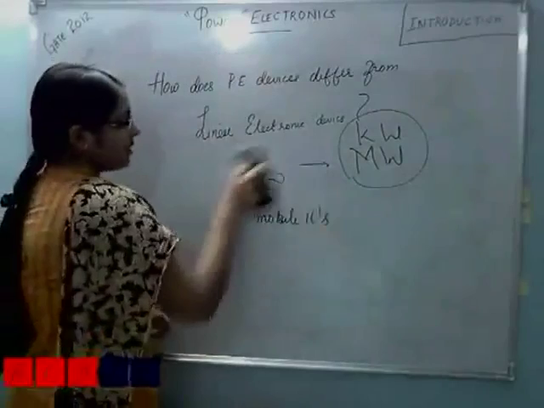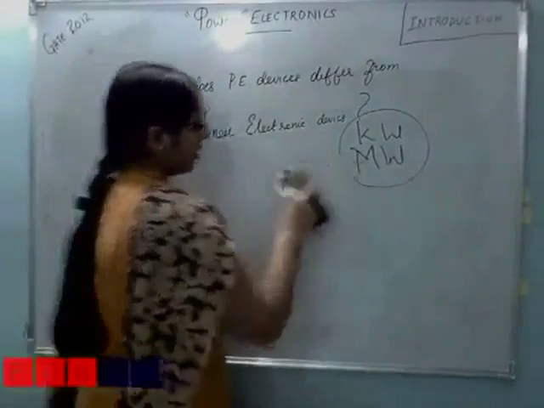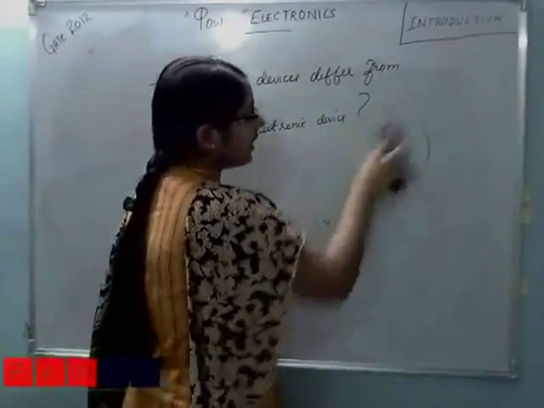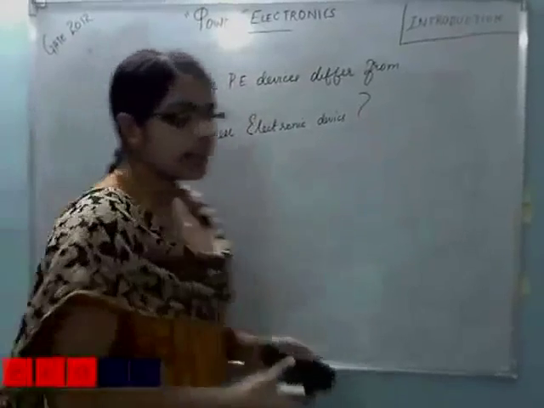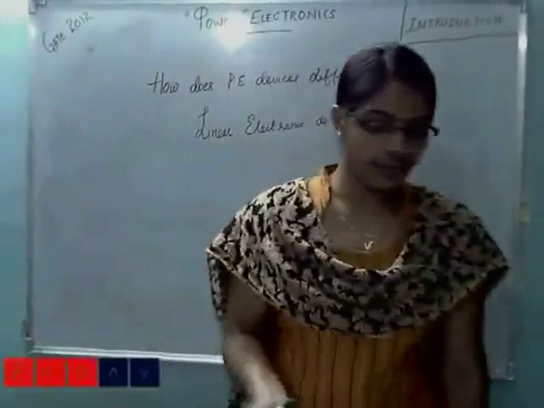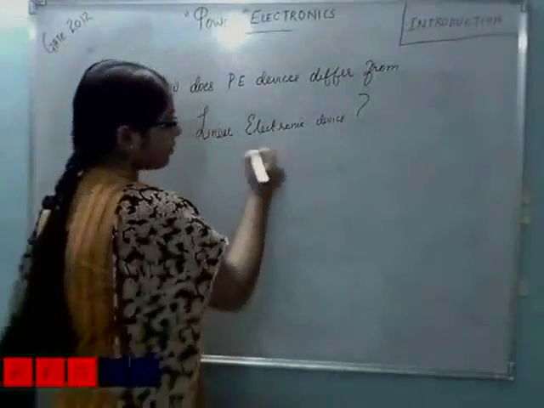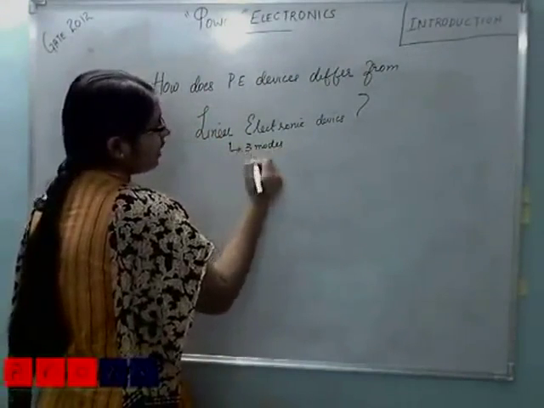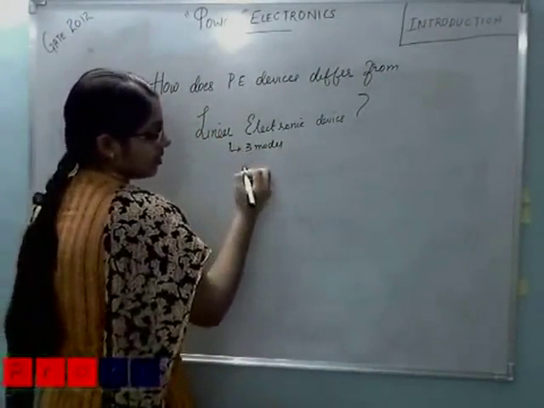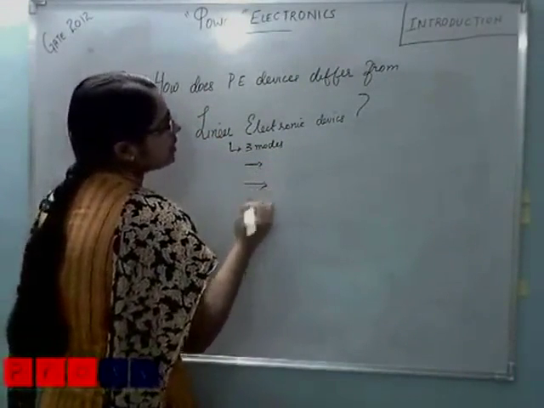Now the second difference from the linear electronic devices is that linear electronic devices have three modes of operation. What are they? For linear electronic devices, you might have studied this.